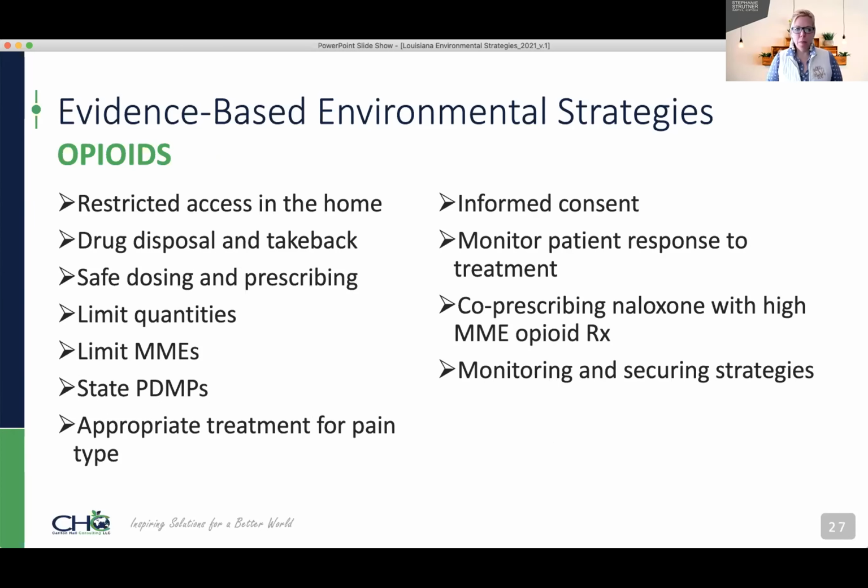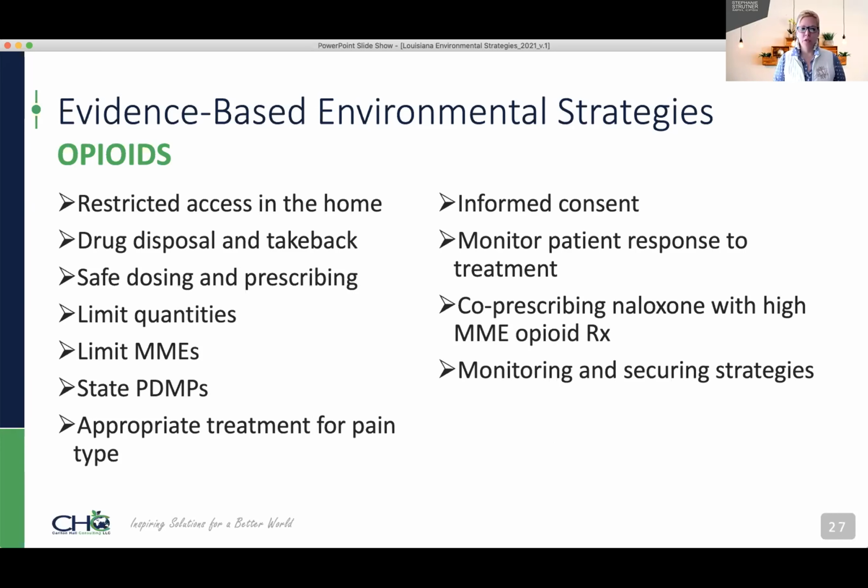And then the evidence-based environmental strategies for opioids can look very different in different communities. But again, you can see some certain commonalities that keep recurring between these different substances. But we're mentioning again, restricted access in the home, drug disposal and take back.